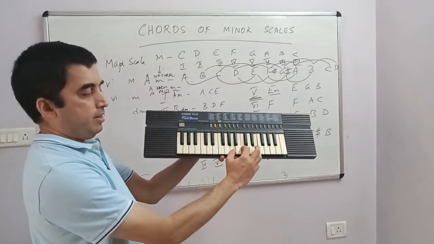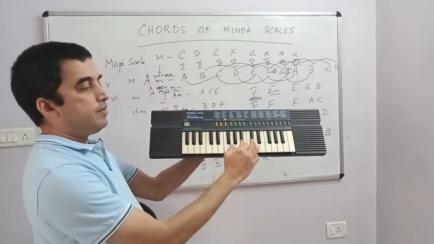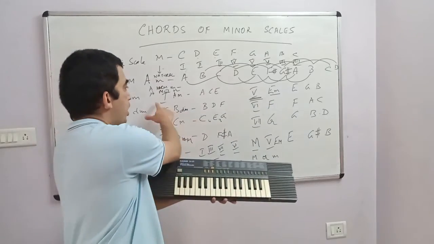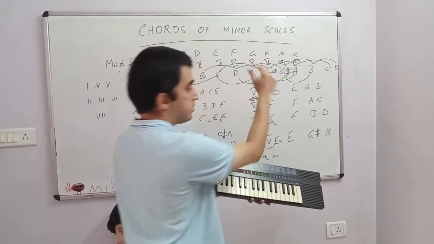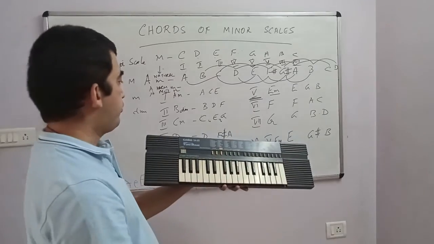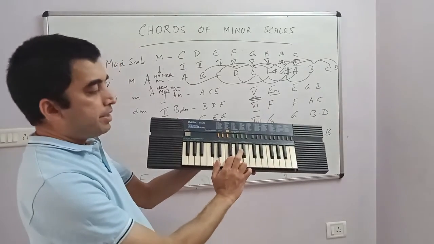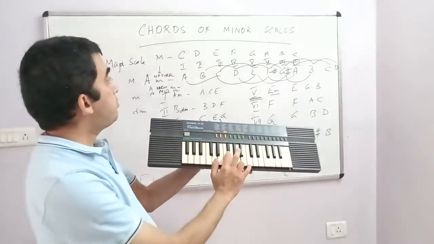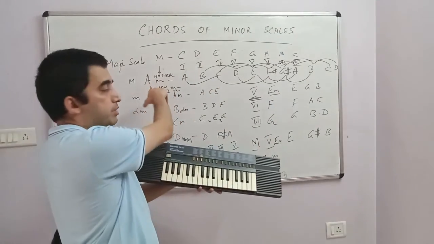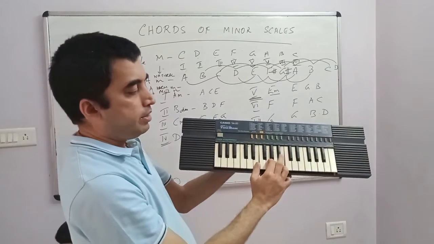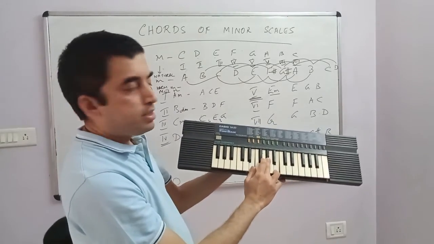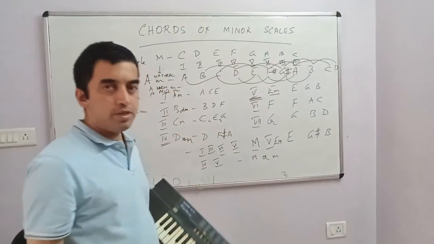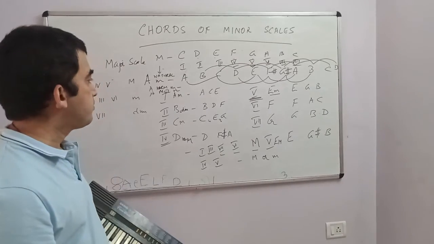So it will be A minor, G, F, which is 1, 7, 6. Now, if you want to play the fourth chord, it will be D minor or D major, or E minor or E major, depending upon the subtype of the scale.